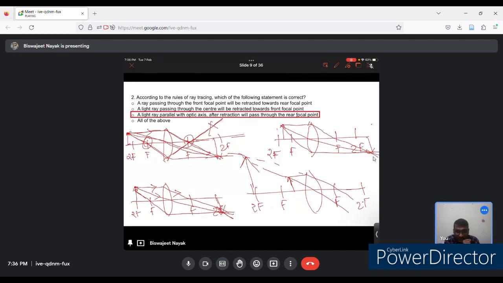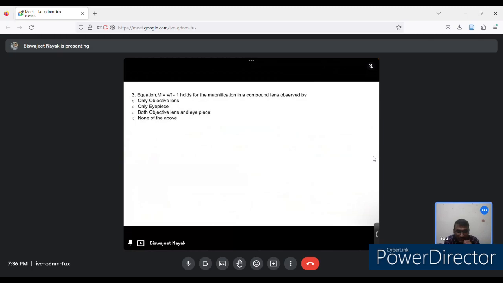As I have already told, this is the magnification for a compound lens. What type of magnification is this? As I have already told you, for a real image the magnification was given by v by f plus 1, and this was the objective lens.